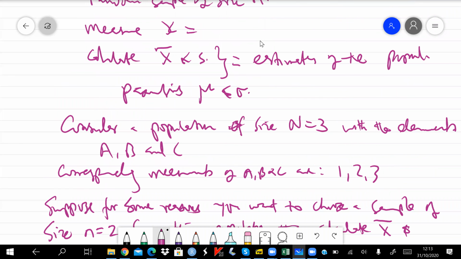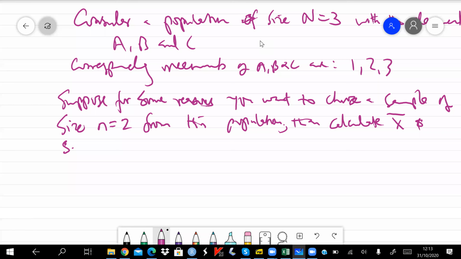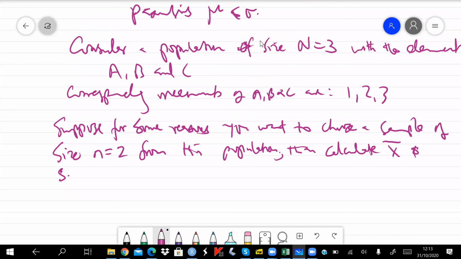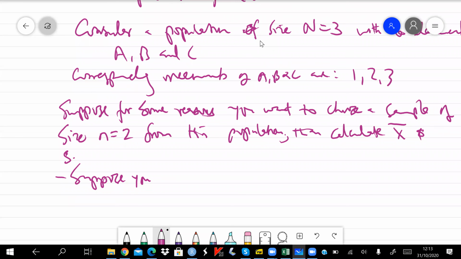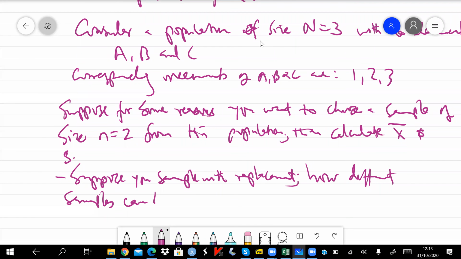But let's explore how many different samples we can choose from here. And to make the example more interesting, let's suppose you sample with replacement. Then how many different samples can be chosen, and what are the corresponding statistics?